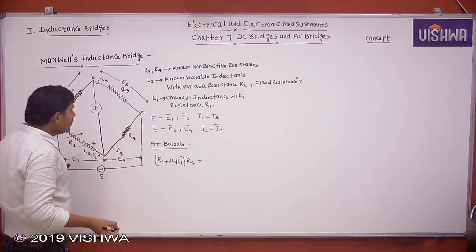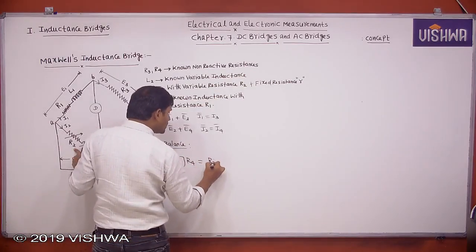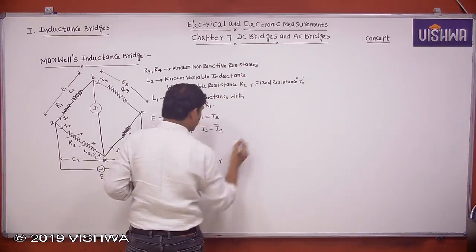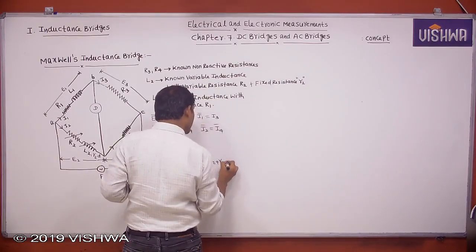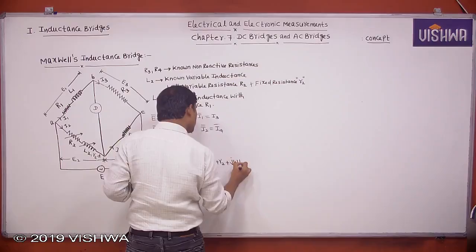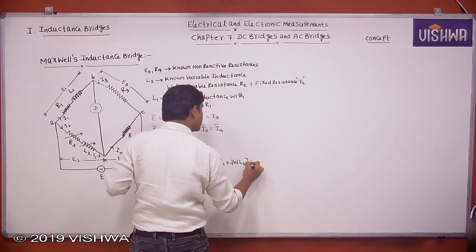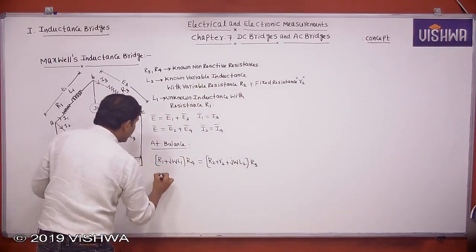Now, how to write the impedance of this? R2 plus small r2 plus j omega L2. Then what is the opposite resistance? R3. Then you multiply this.